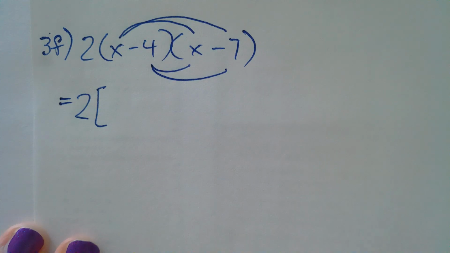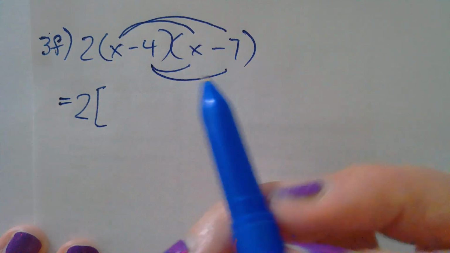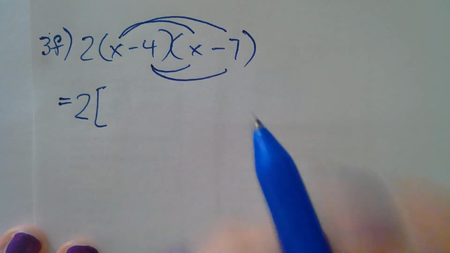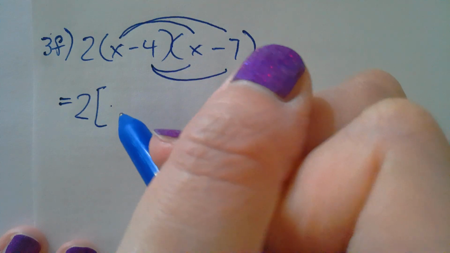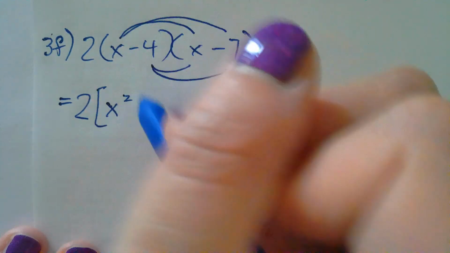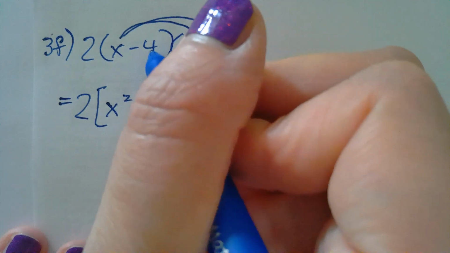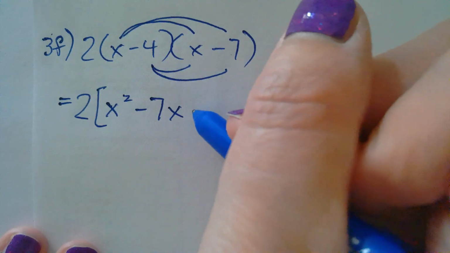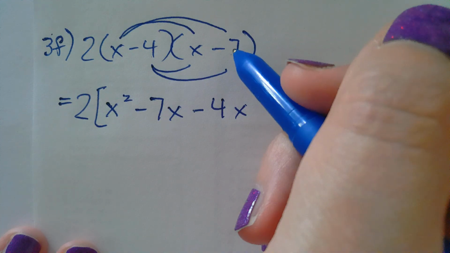Alright, so let's see, who should I ask? Elisa. Okay, help me with this. X times x. X squared, good. X times negative 7. Good. Negative 4 times x. And then negative 4 times negative 7.